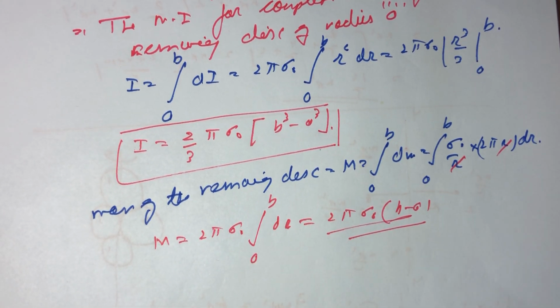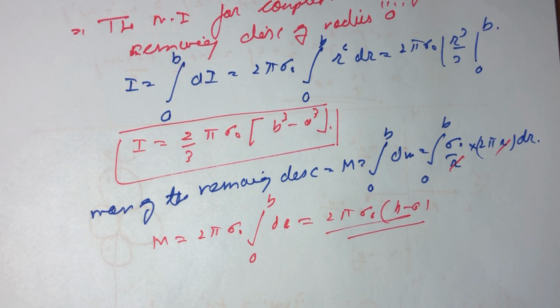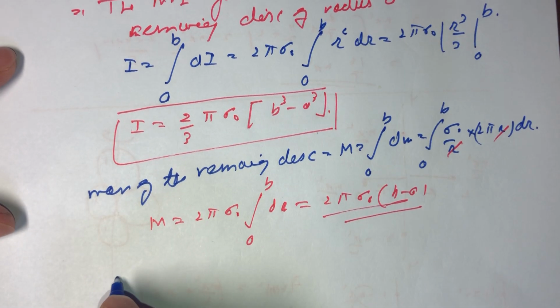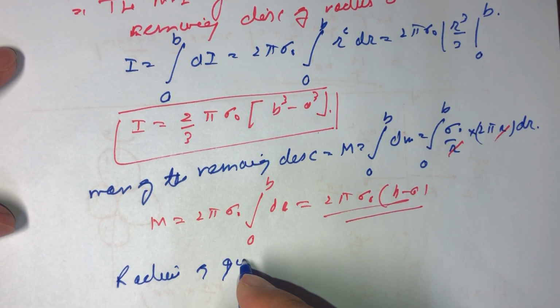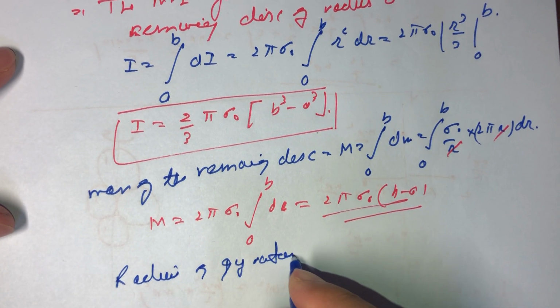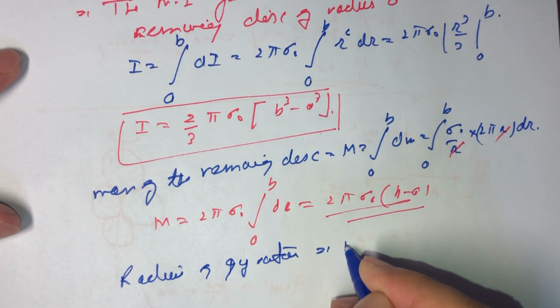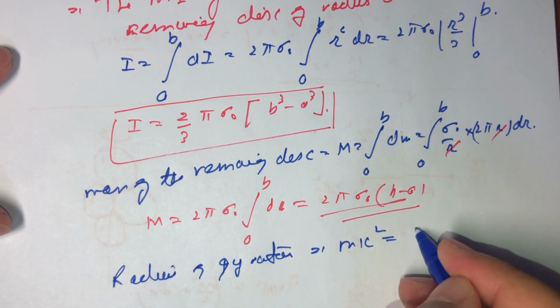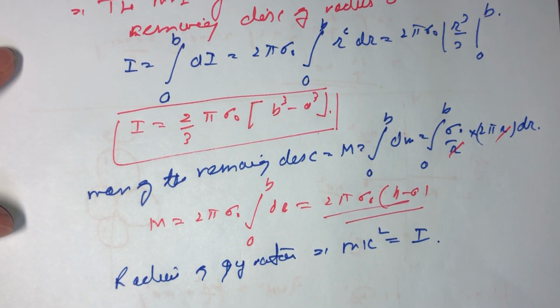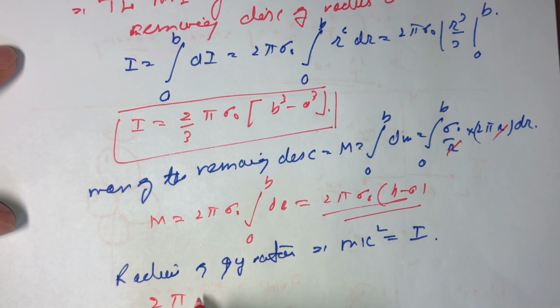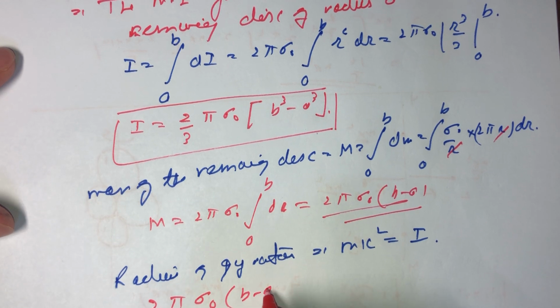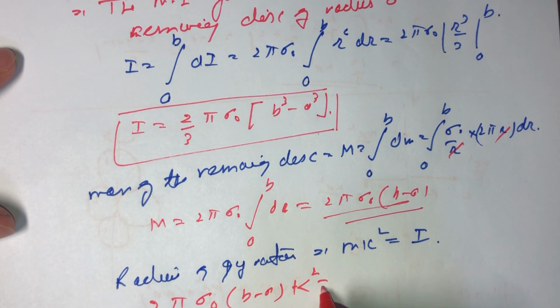So we got the mass, and the formula for radius of gyration we already know. We get Mk square is equal to I, and mass is 2 pi sigma naught b minus a multiplied by k square.